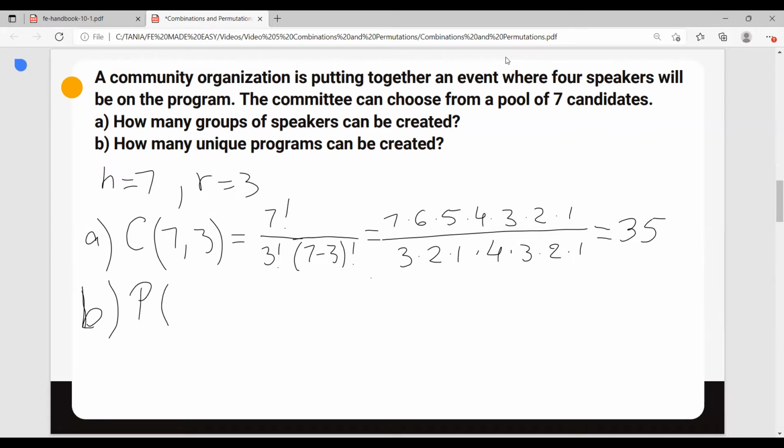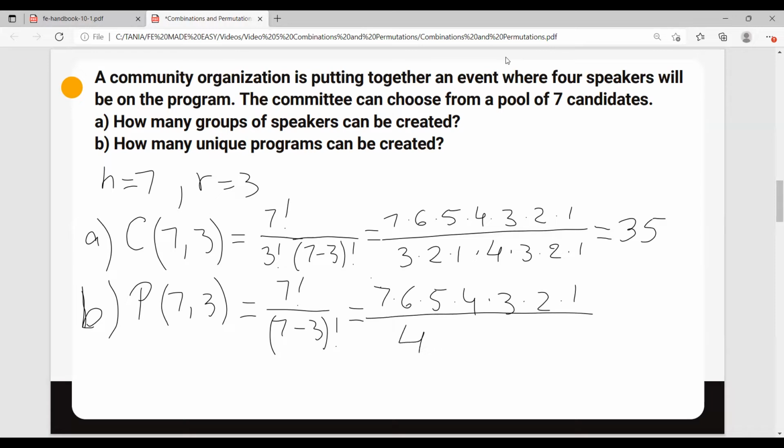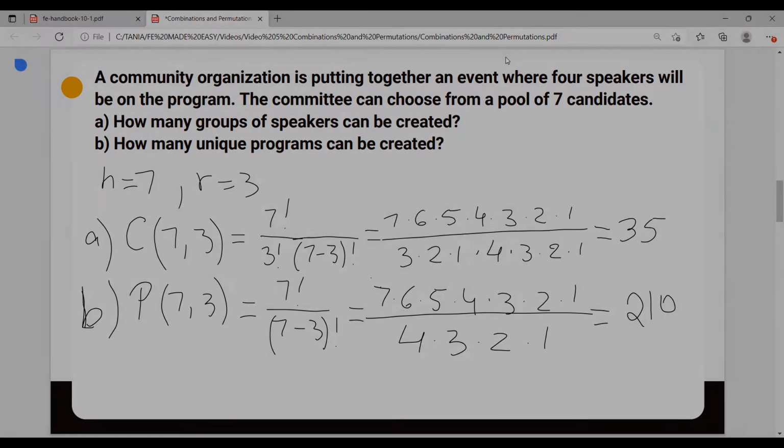So we will go ahead and do the permutation, which is equal to 7 factorial over 7 minus 3 factorial equals 7 times 6 times 5 times 4 times 3 times 2 times 1 over 7 minus 3 is 4 factorial, which is 4 times 3 times 2 times 1 equals 210.